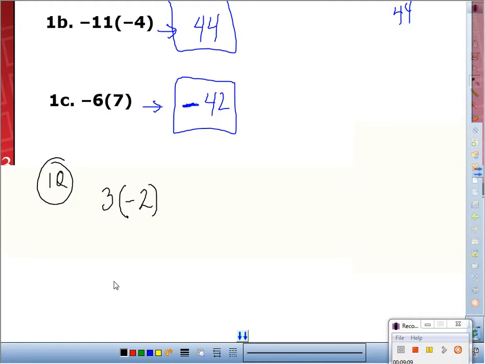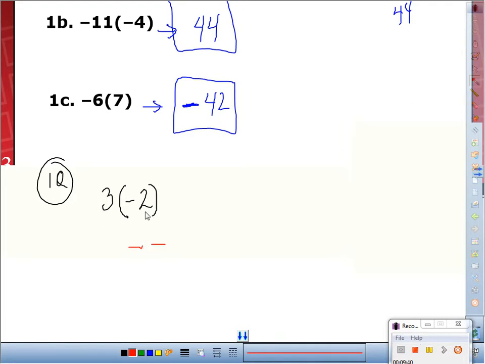Here it goes. I'm going to use tiles for multiplication. First thing to do is, what do we have inside of the parentheses? It's negative 2. So I'm going to show first what I have inside of the parentheses.